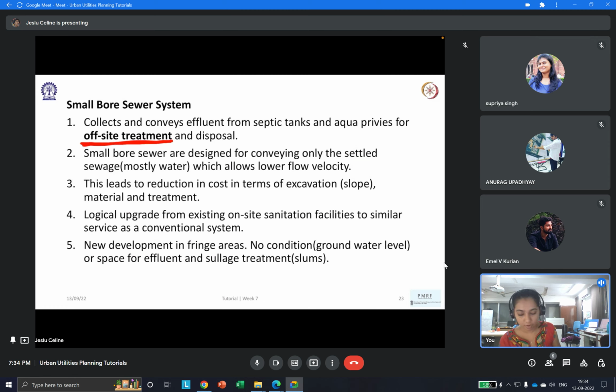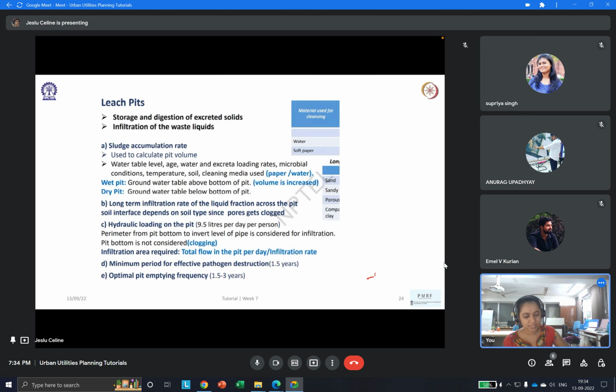So you basically have a small bore which is designed for conveying only the settled sewage, mostly water, and at a low velocity. Sorry, the slide is keeping on changing.